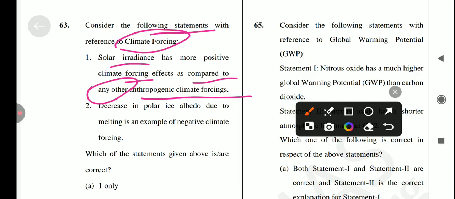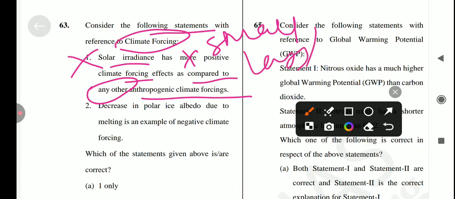No, it's not a correct statement because solar radiation has a small positive climate forcing effect, not more. Okay, so it becomes less. So the first statement is incorrect. Next is: decrease in polar ice albedo due to melting is an example of negative climate forcing.